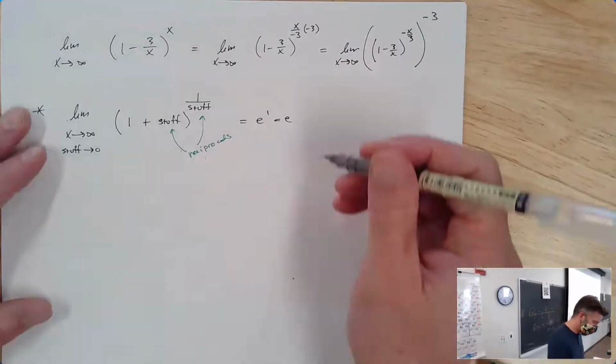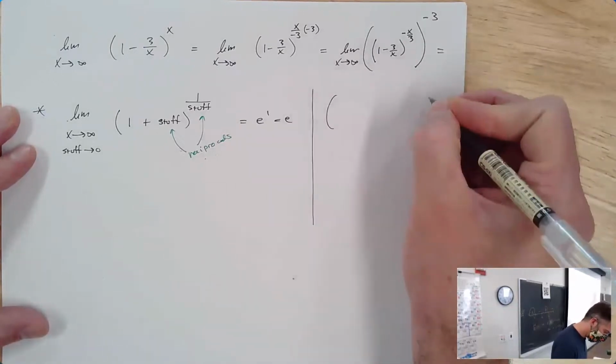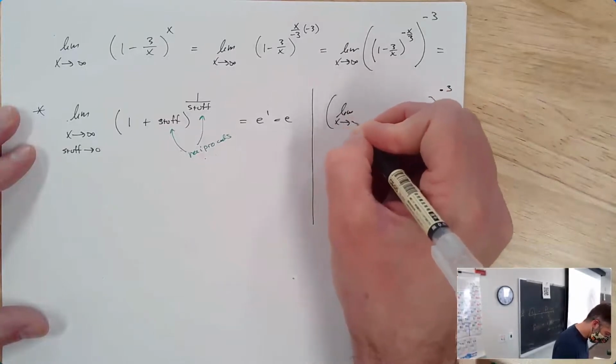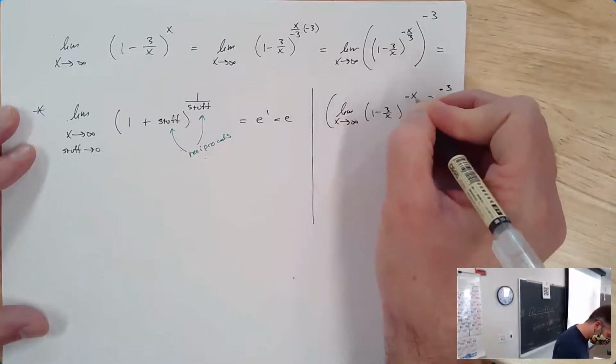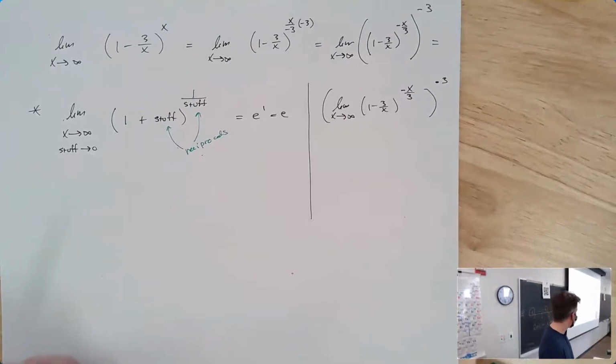And then I'm going to bring the limit inside, meaning I'm going to write this as the limit as x goes to infinity of 1 minus 3 over x to the negative x over 3. Is that inside part equal to e?